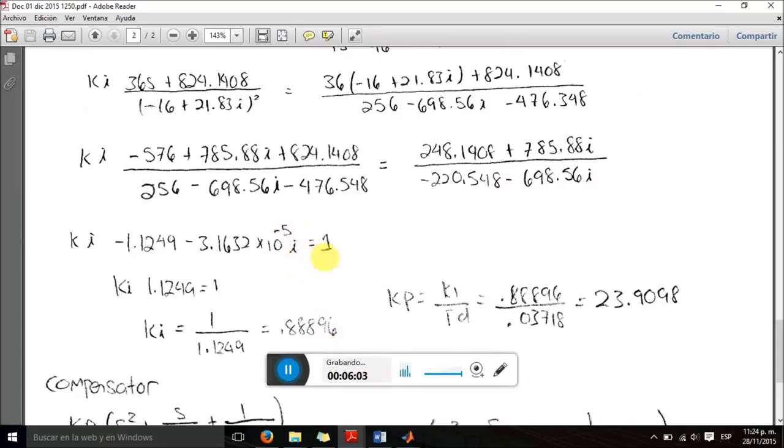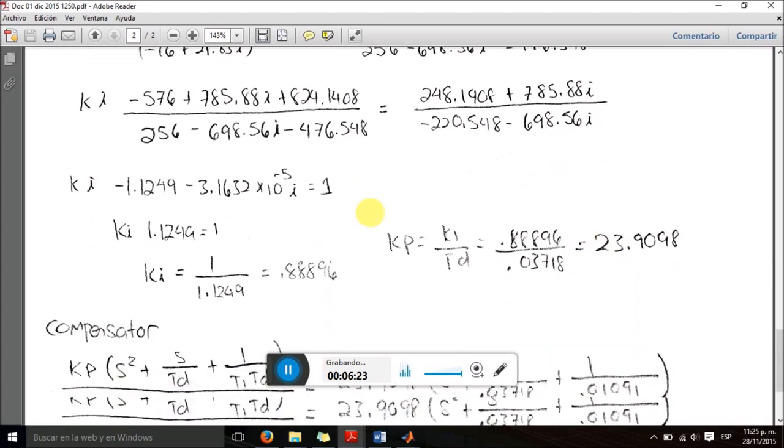So then we can calculate Kp with the formula above that I mentioned before. So Kp is equal to Ki over Td, and then we know that Kp, the proportional value, is 23.9.